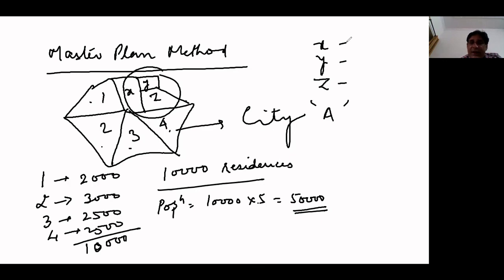And the number of residences need to be calculated, because if the plotting is being done, then it can be clearly calculated how many plots are cut from this particular area. Again, the total number of residences is calculated, and the thumb rule is multiplied by 4 or 5 so as to calculate the future population when this area is fully developed.